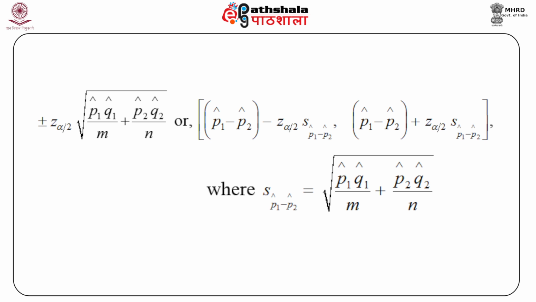And the second value, which is the other extreme upper value, is P1 hat minus P2 hat plus Z alpha by 2 into S P1 hat minus P2 hat, where S P1 hat minus P2 hat is equal to under root of P1 hat Q1 hat by m plus P2 hat Q2 hat by n.